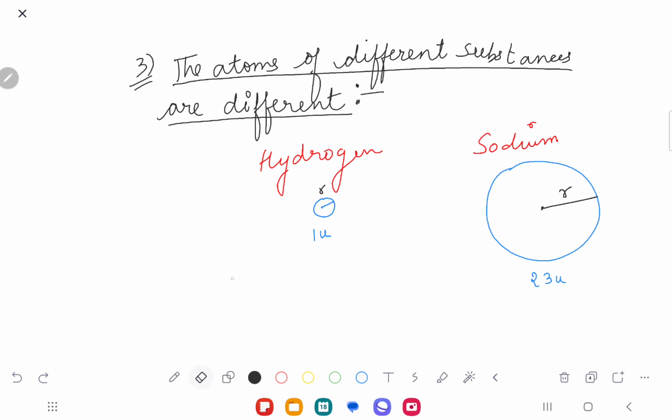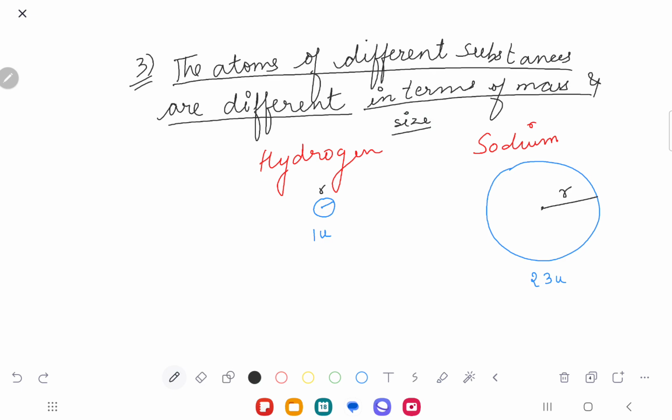So basically he wanted to say that the atoms of different substances are different in terms of mass and size.